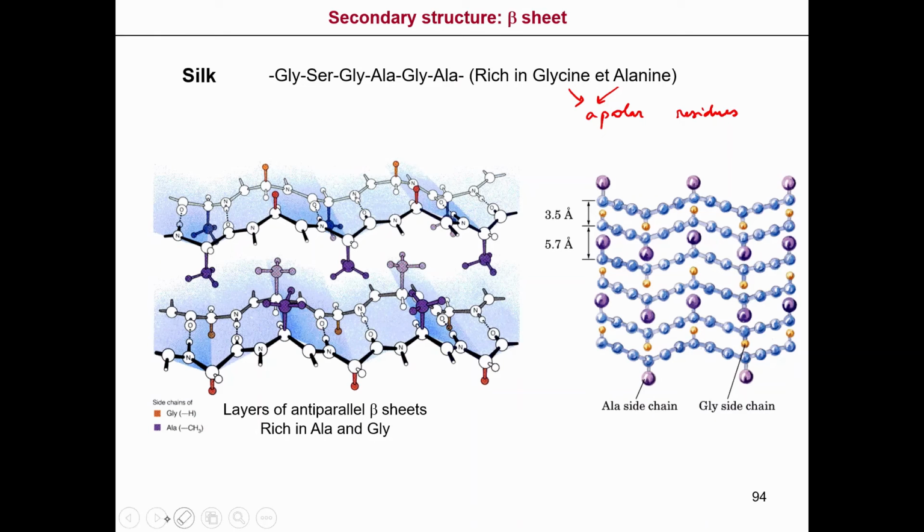Okay, and if you see the side view of silk, you have layers of anti-parallel beta sheet. You have one sheet here, another sheet here. You have the strand here, another strand here. So two strands compose a sheet, and two sheets is one of the structures of the silk.